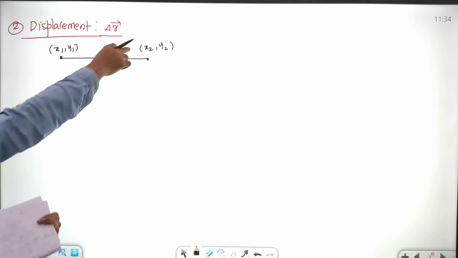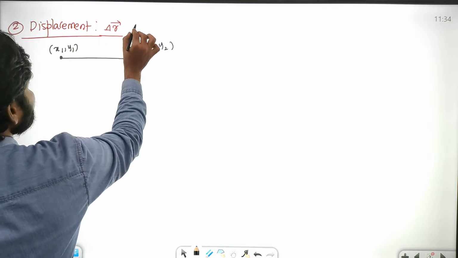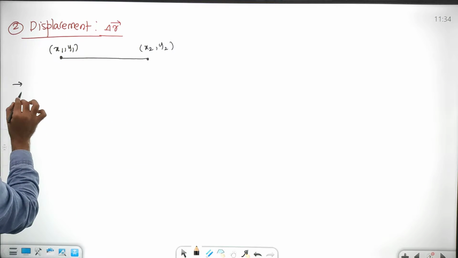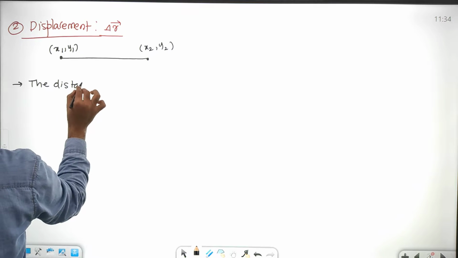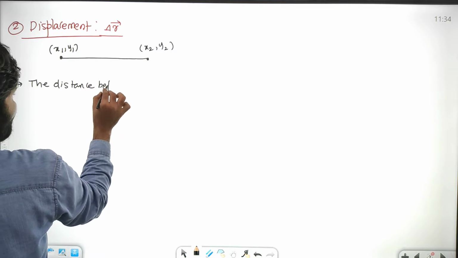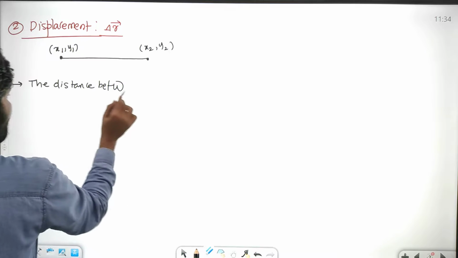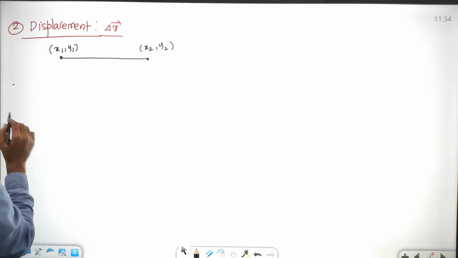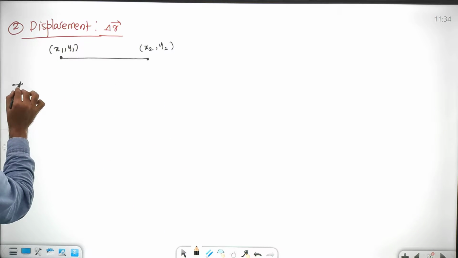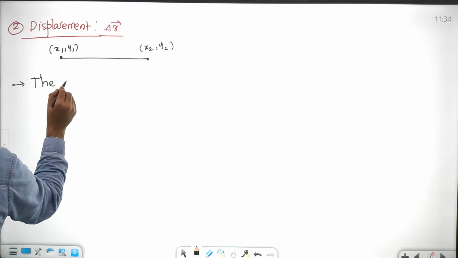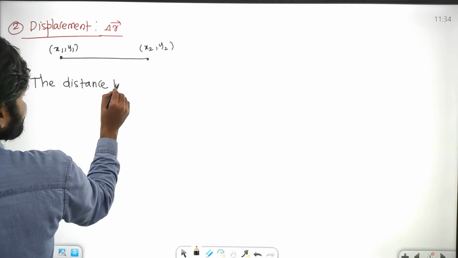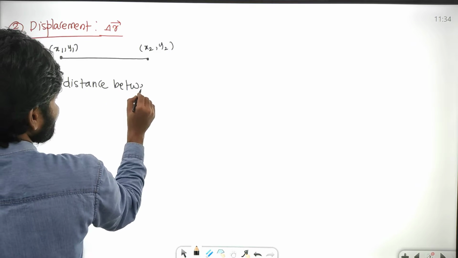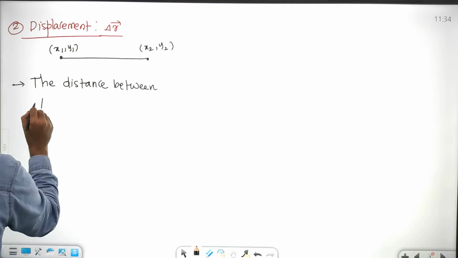So what is displacement? Displacement is nothing but the distance between 2 points.